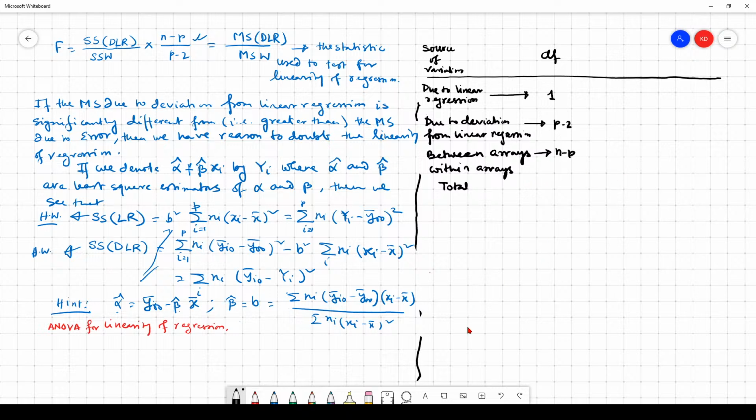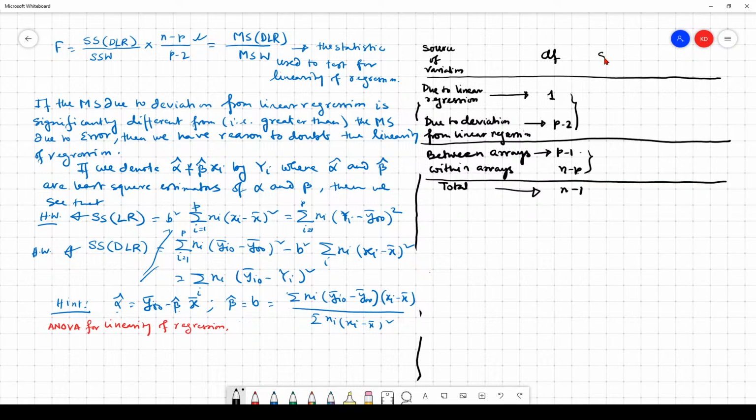Between arrays, this should be p minus 2 plus 1, that is p minus 1, adding these two. Within arrays, this is n minus p. If you add p minus 1 and n minus p, this gives n minus 1, the total degrees of freedom.